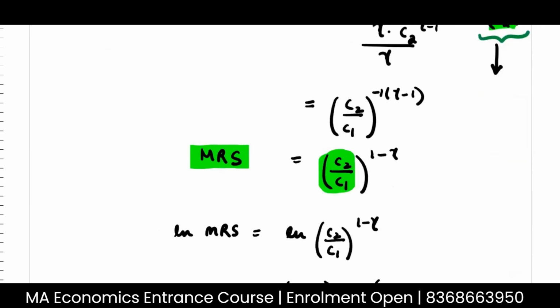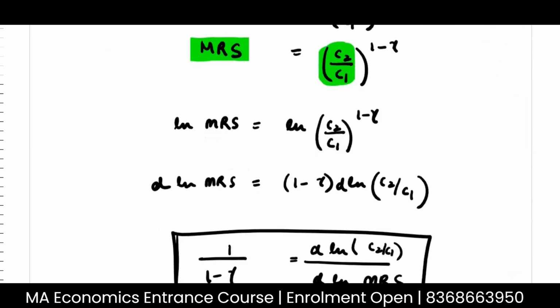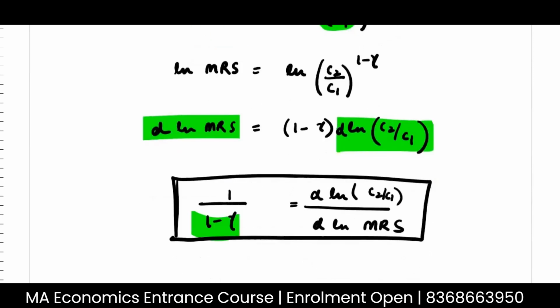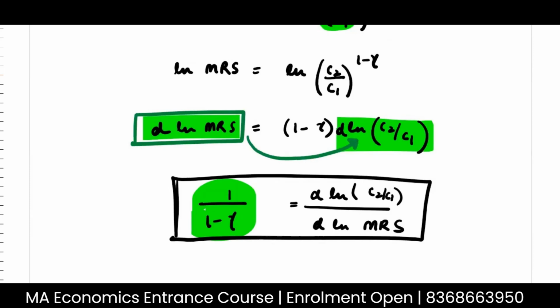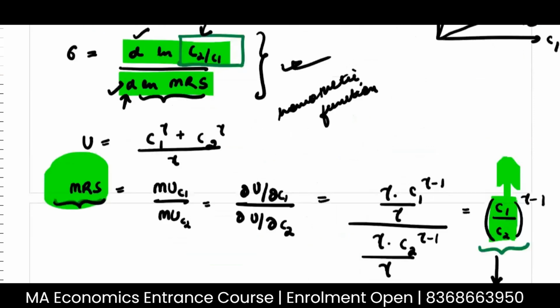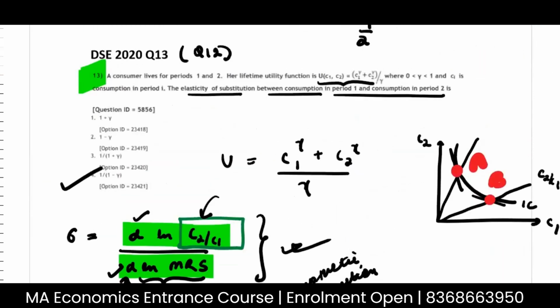So, when I took log, I already had both the things with me. And I just manipulated it a bit and I got the answer. So I don't literally have to find C2 by C1 and MRS and divide. No. I just have to find MRS, see that it will be a function of C2 by C1, and solve for elasticity of substitution. So the answer is D.